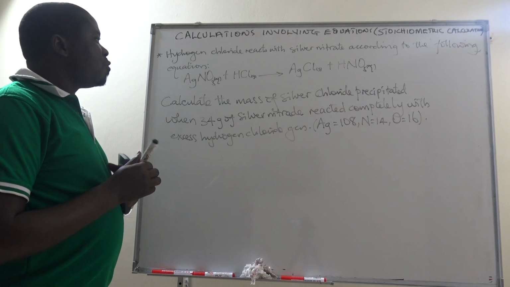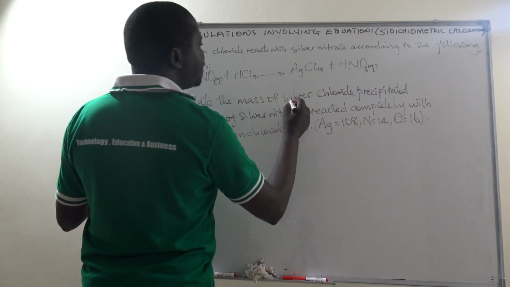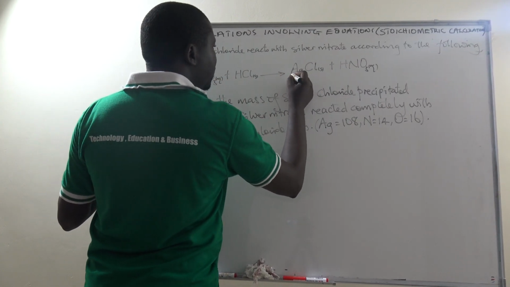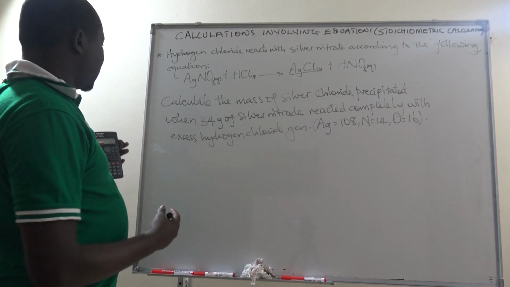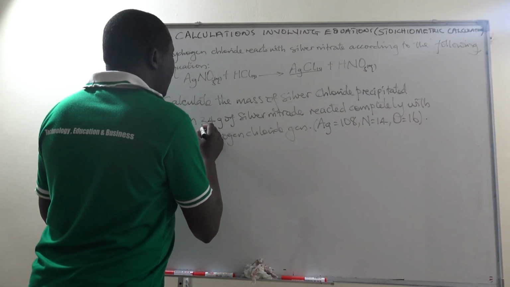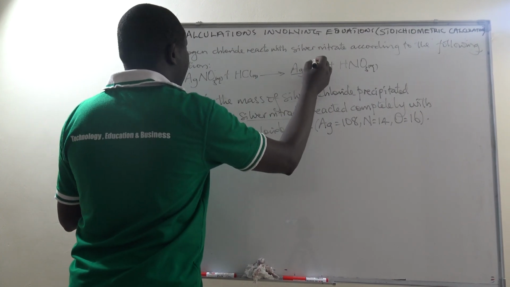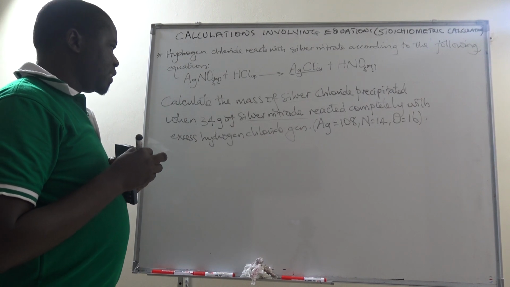Let us see what we are going to deal with. Calculate the mass of silver chloride. We are going to deal with silver chloride, which is precipitated or formed when 34 grams of silver nitrate. We also deal with silver nitrate. So we are dealing with silver chloride and silver nitrate in this case.